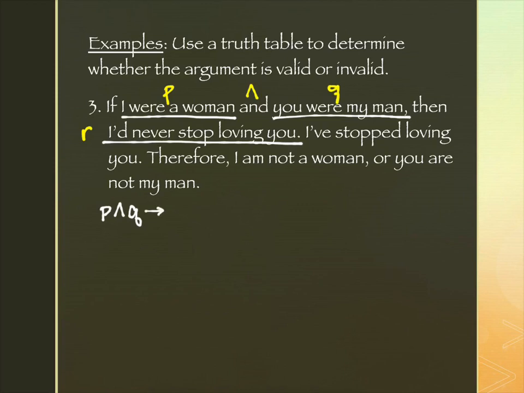Well, then R. And I never stop loving you. So this is one statement at the beginning. If I were a woman and you were my man, then I'd never stop loving you. And then it says, I stopped loving you. So that's R.